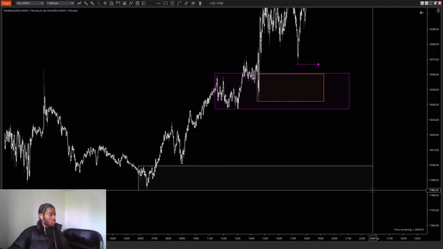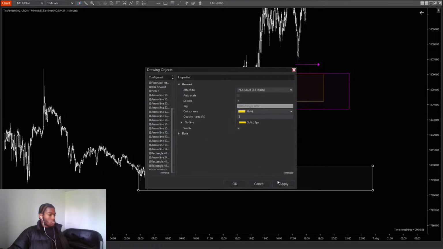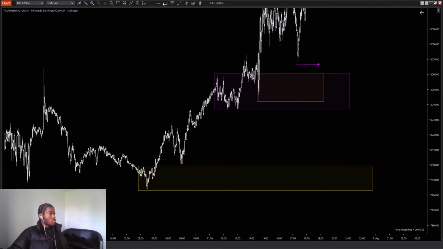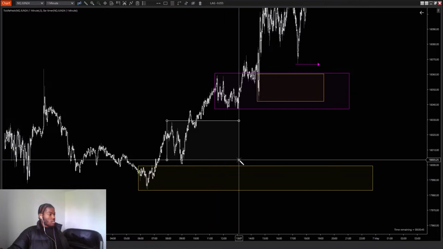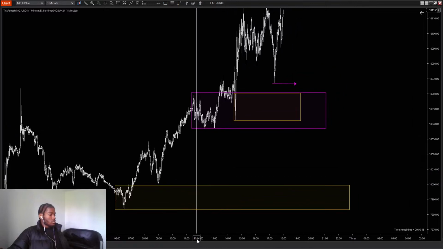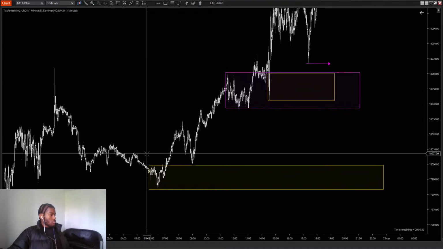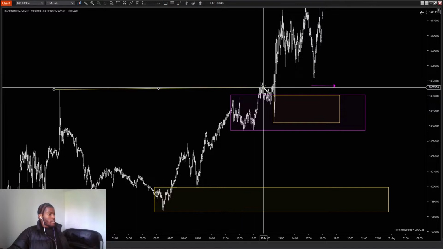Origin of the move. We have a low just there. This zone. Cool. This is the higher time frame swing.